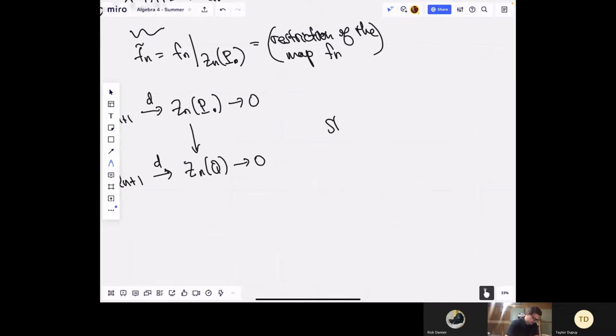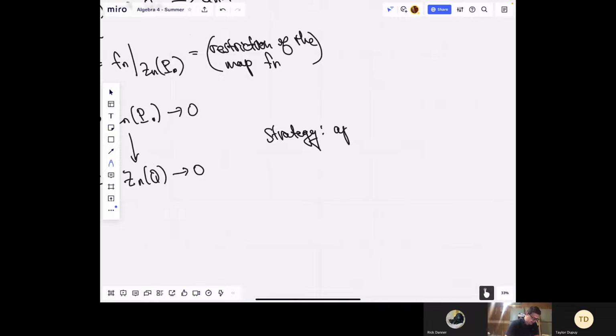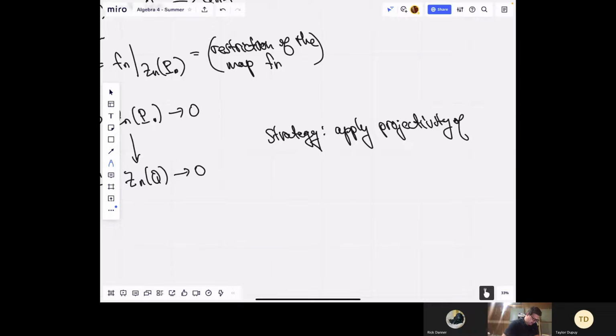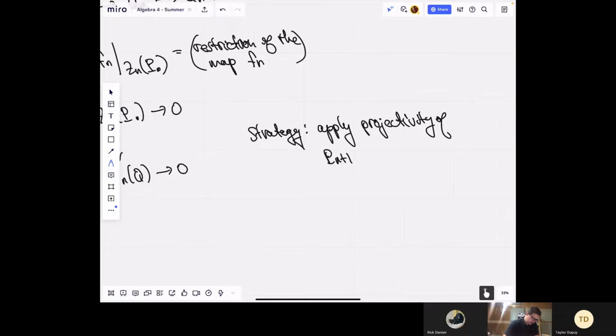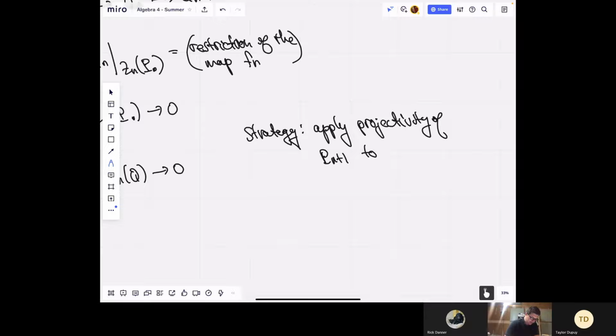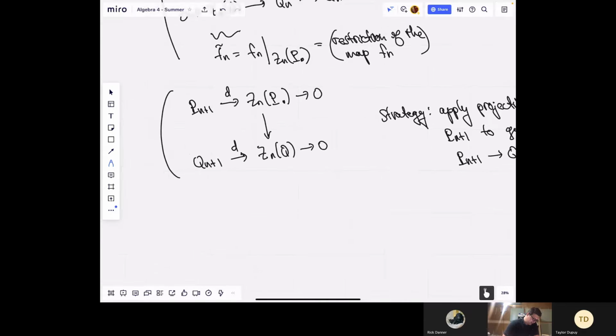The strategy is to apply projectivity of Pn plus 1 to lift the map, to get a map Pn plus 1 to Qn plus 1.